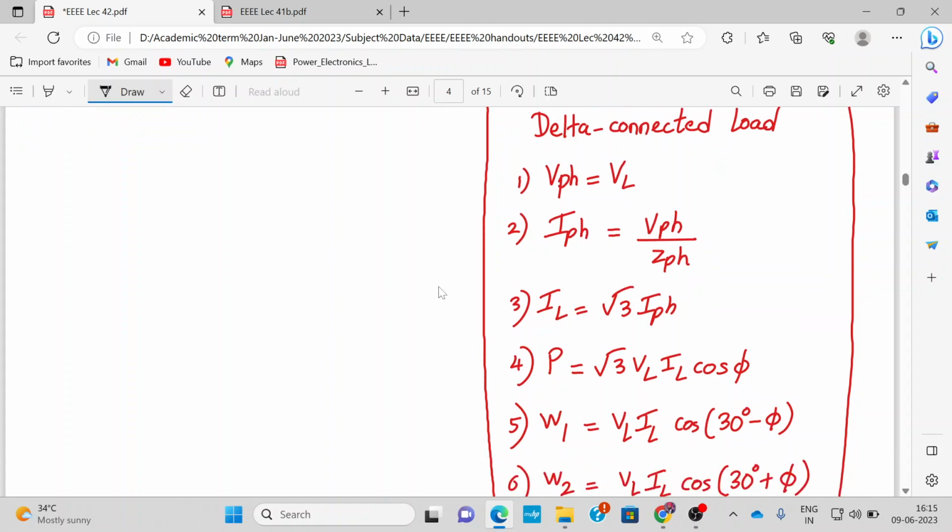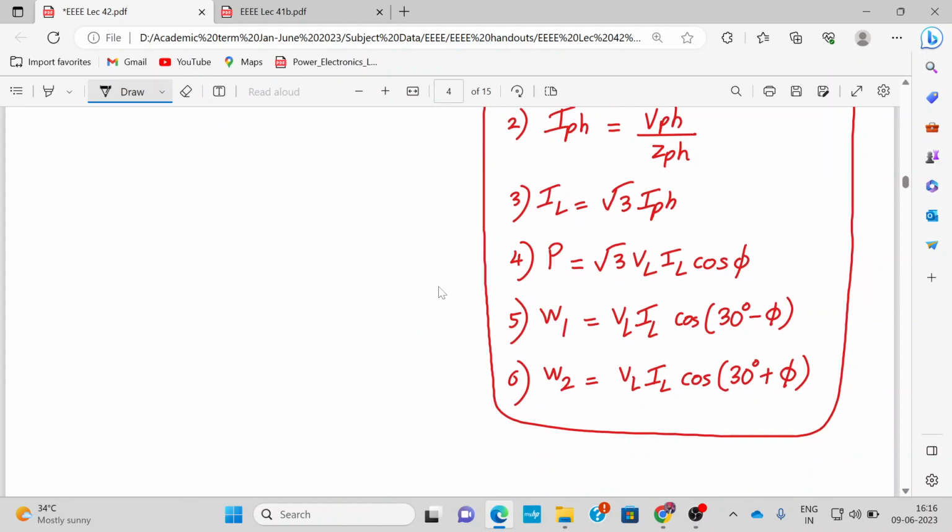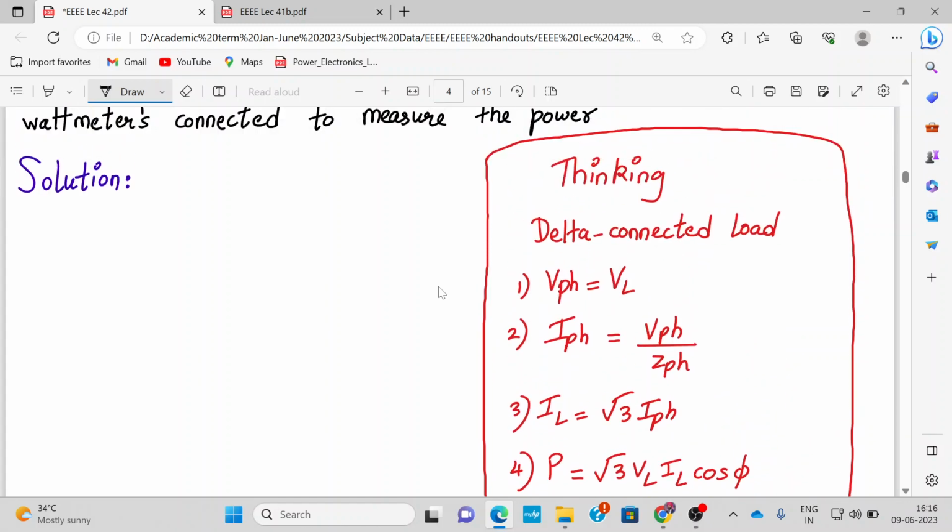Line current is given by root 3 times phase current. Power is given by root 3 VL IL cos phi, and the readings of the two wattmeters W1 and W2 are given by VL IL cos(30 degree minus phi) and VL IL cos(30 degree plus phi), provided W1 is greater than W2. Alright, so let's start with the numerical.